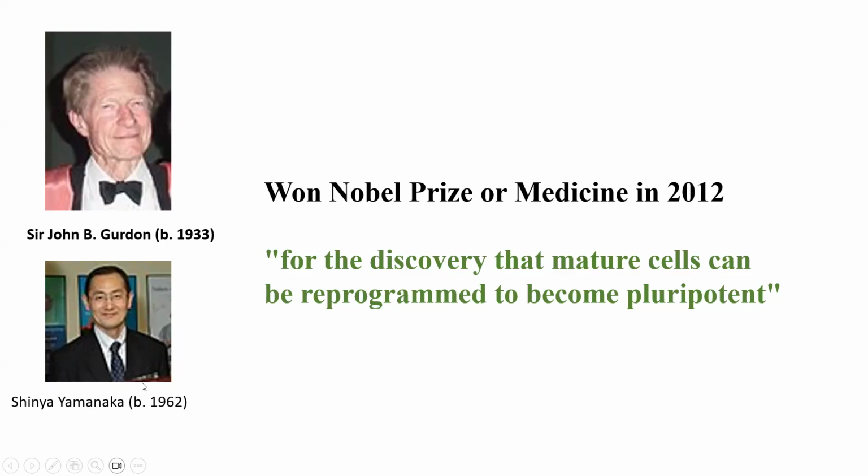Yamanaka is very famous for stem cell discovery. Stem cells are pluripotent cells, and in medical science, stem cell therapy, even in our country, is now becoming popular. So Gordon and Yamanaka received the Nobel Prize. Next time I shall discuss more about their exciting story.